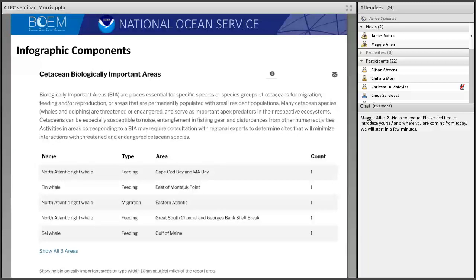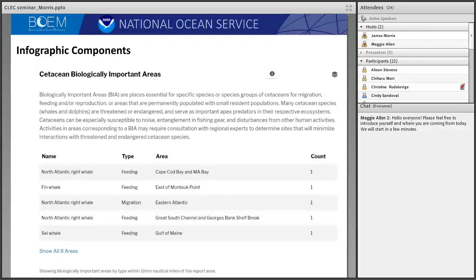Now, I just want to emphasize, what's happening here is we've created an app that, when you select anywhere in the ocean, goes out and collects and gives you an analysis of ocean spatial data, on the fly, customized for anywhere in the U.S. EEZ. We have had to create thousands of rules that govern what's being returned for that spatial analysis. Some of these rules are very simple.